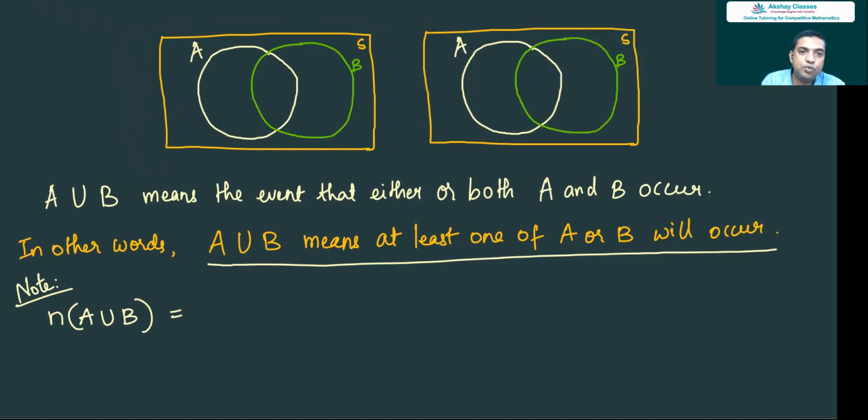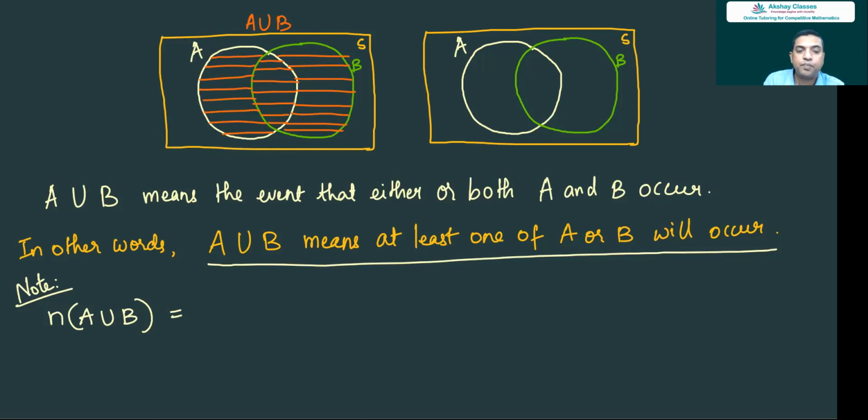A union B refers to this region containing only A but not B, then this region only B but not A, and this is both A and B. So the entire shaded portion taken is A union B.